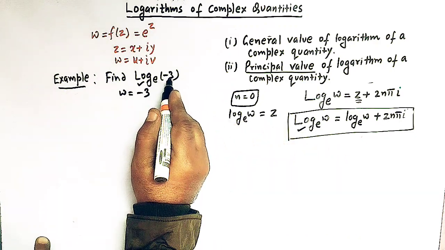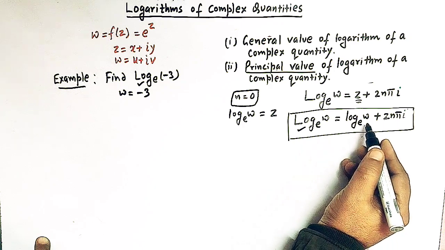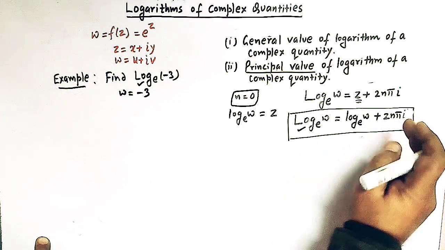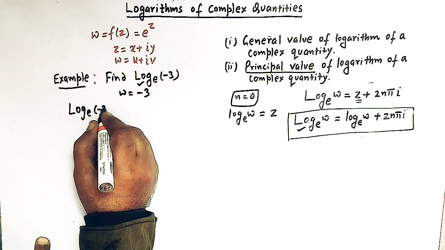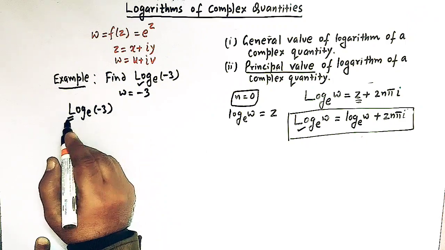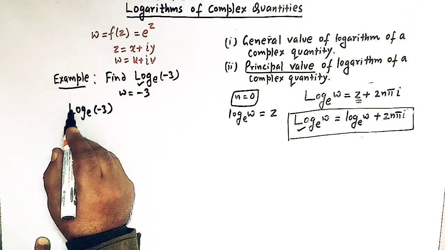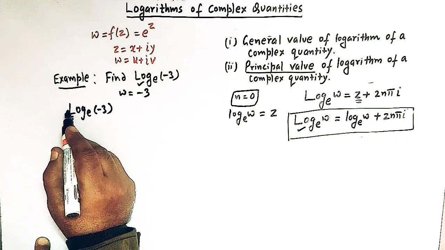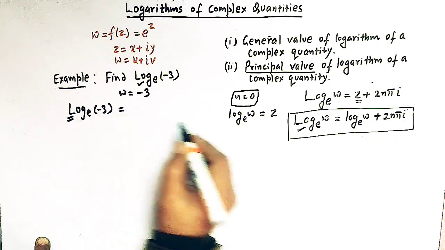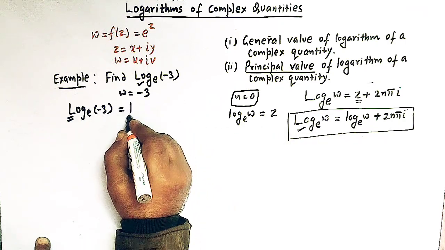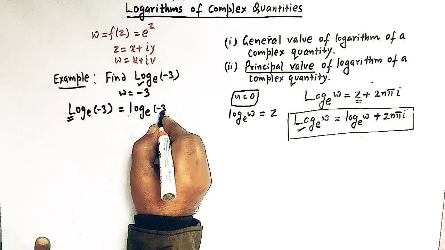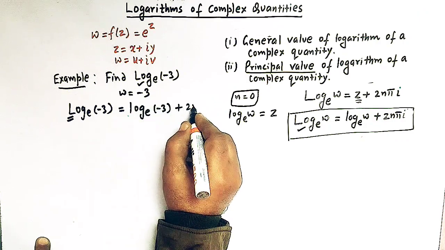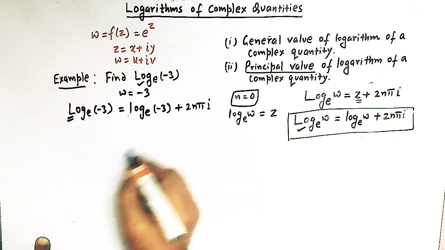So let us substitute w is equal to minus 3 in this expression. So we have the log of minus 3, and remember here we have the capital L, that is denoting the general value, and here we have the small l. So we have here minus 3, and then we have 2n pi i, right?